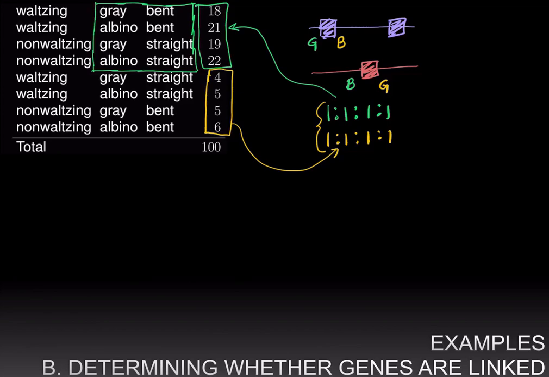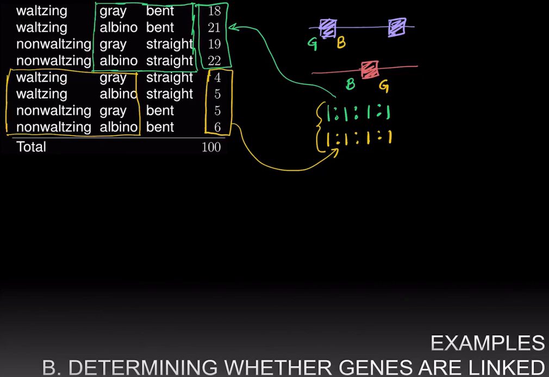Now let's look at the other group of 1:1:1:1 ratios. And there we see again that all the possible combinations between waltzing, so W and G, waltzing gray, waltzing albino, non-waltzing gray, non-waltzing albino, are present here in a 1:1:1:1 ratio.